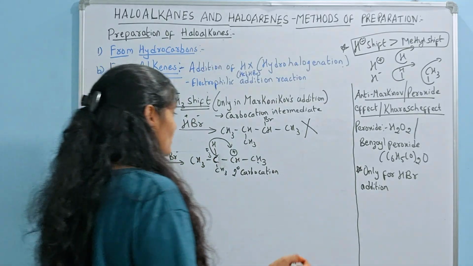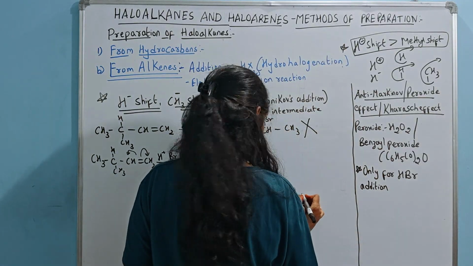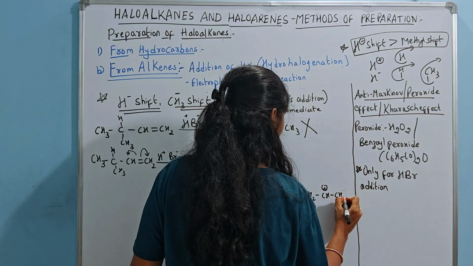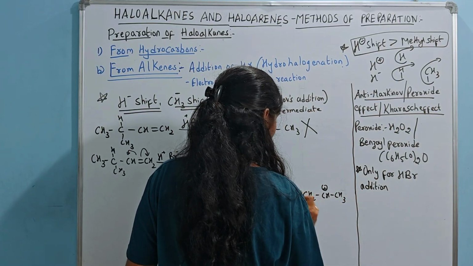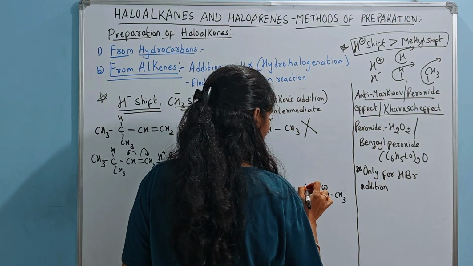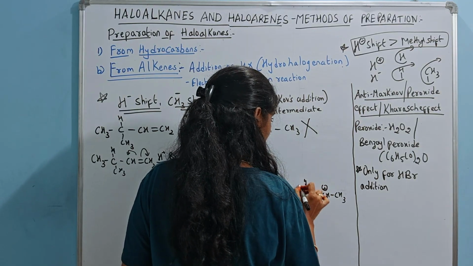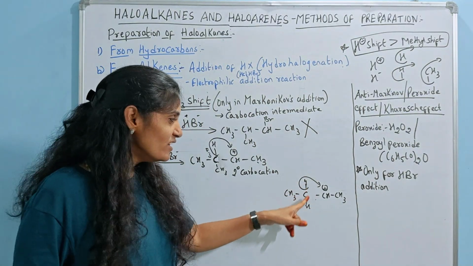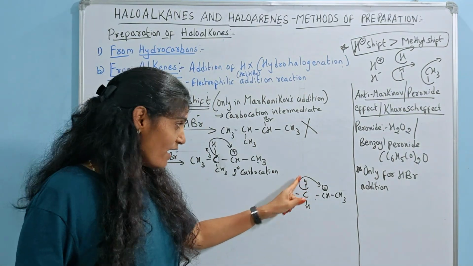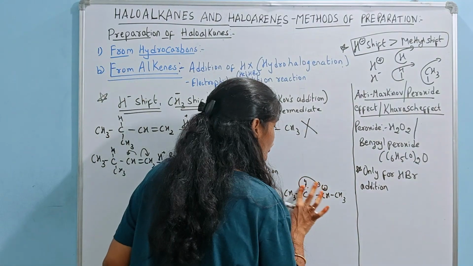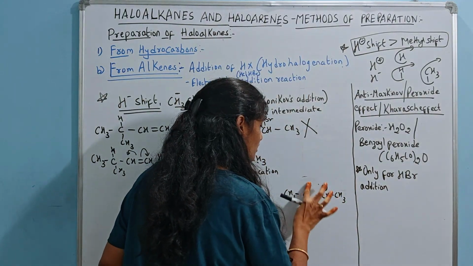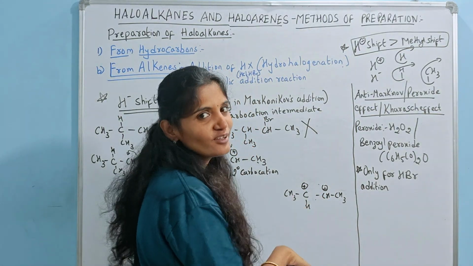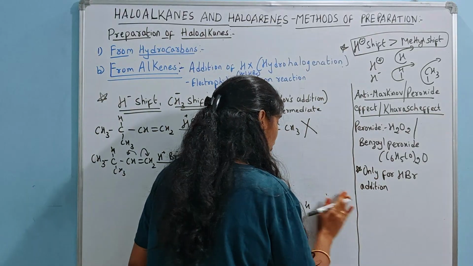If you think like this, CH2, CH, CH3, CH3, and I shift hydrogen from here, this has two hydrogens, then you will get your secondary carbocation again. So there is no point in doing that.